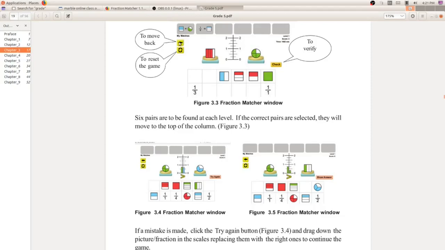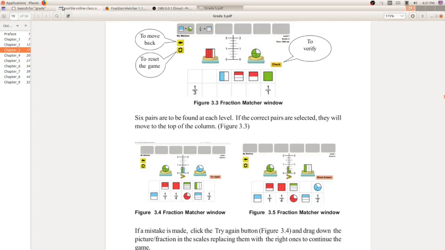This button is known as the back button. What is its use? It is used to move back. Suppose you want to stop your game and move to the previous page, what do you have to do? You have to click on this back button. That is the use of this button.